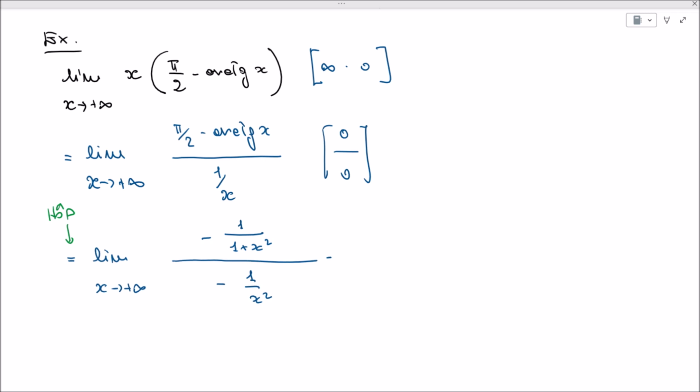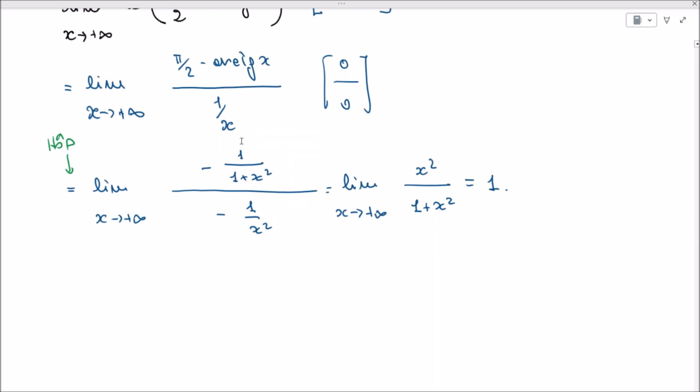And this is just like the limit as x goes to plus infinity. By simplifying everything, we get just x to the square divided by 1 plus x to the square, which is clearly equal to 1. Okay, so this is where we really got an advantage by taking the derivative.